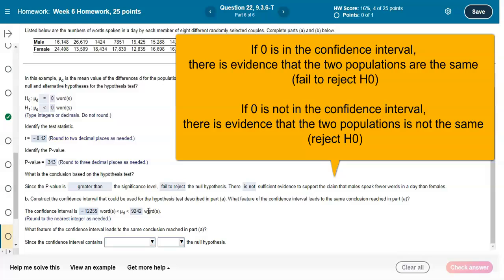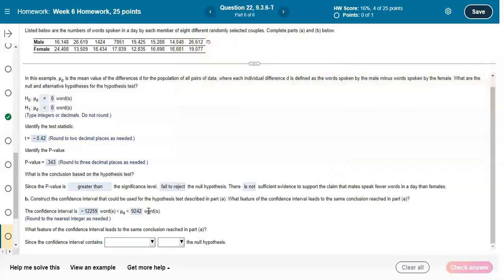So if 0 is in this range, then we have no reason to believe that the difference could not be 0. And the difference being 0 means that the words spoken were the same between the two groups. So since the confidence interval contains 0, we fail to reject the null hypothesis.